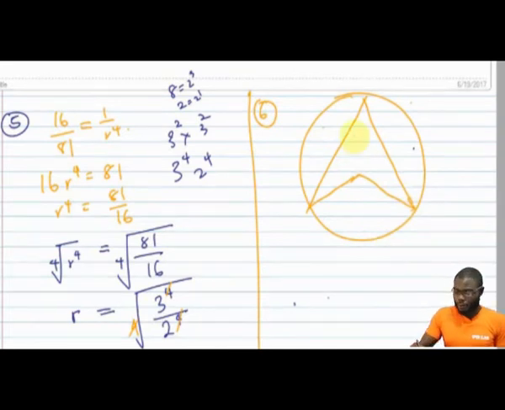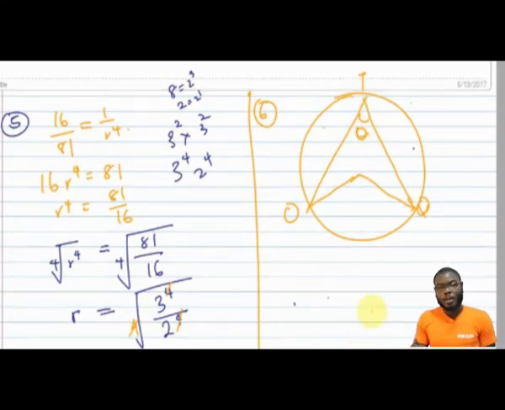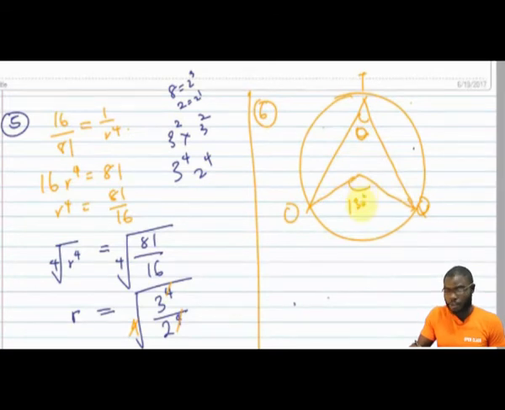You have T like this, OTQ. So this is the angle in question, the angle we are looking for. Then we will have this angle to be equal to 130 degrees. So you have that one to be P, and you have this to be R, like this.